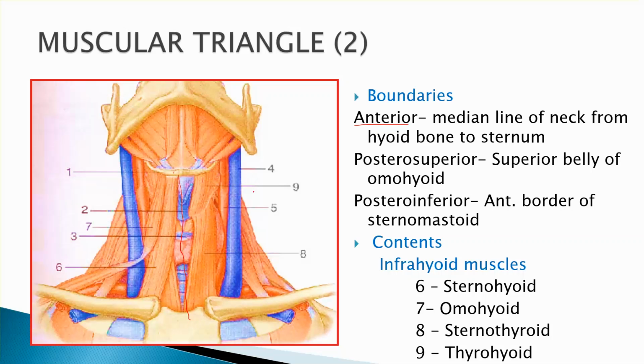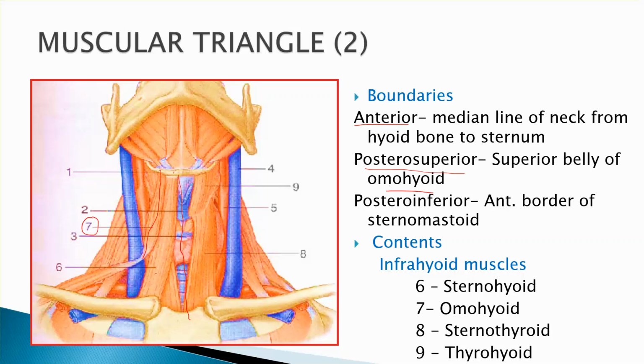Then posterior superiorly is the superior belly of omohyoid. Can you see number 7? This number 7 is omohyoid, the superior belly of omohyoid muscle. Posterior inferiorly is the anterior border of sternomastoid.